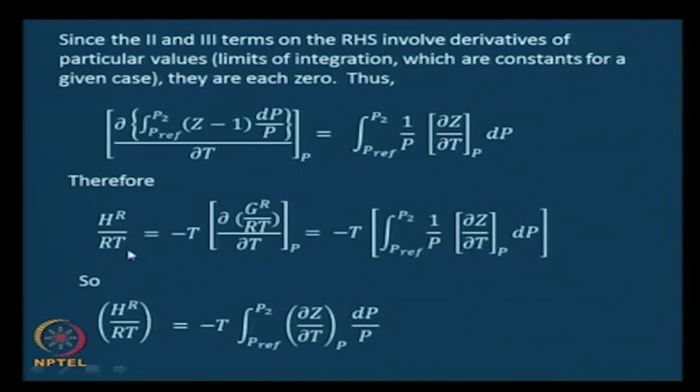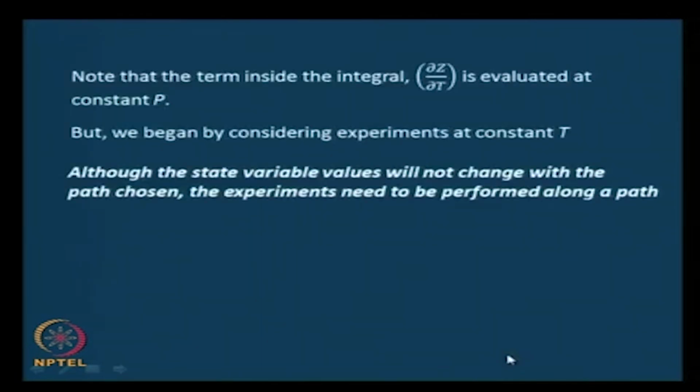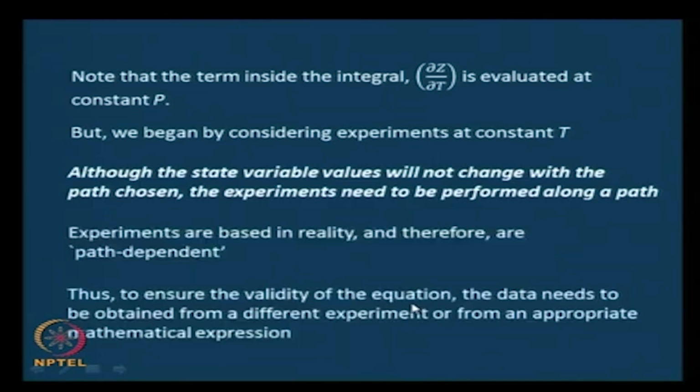So after doing all that, we ended up with Hr by RT equals minus T integral of P reference to P of dou T of Z at constant P into 1 by P dP. And then we also noted that although the state variable values will not change with the path chosen, the experiments that are designed to evaluate these are path dependent, they need to be performed along a path, and therefore we need appropriate experimental conditions, or appropriate mathematical expressions.